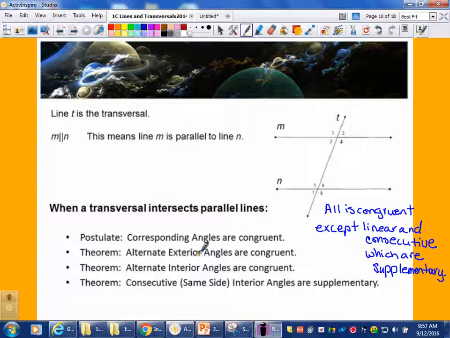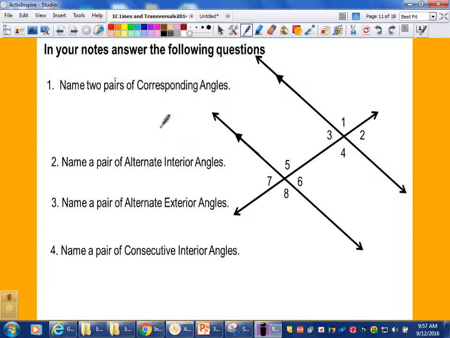Okay. So again, everything is congruent except linear pairs and consecutive angles, which are supplementary. It's a really easy way to remember all that.